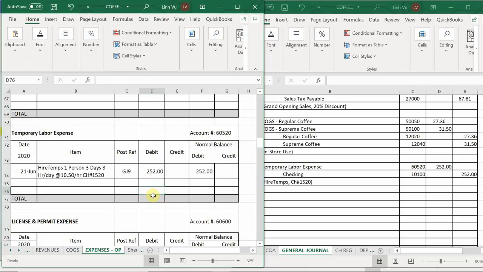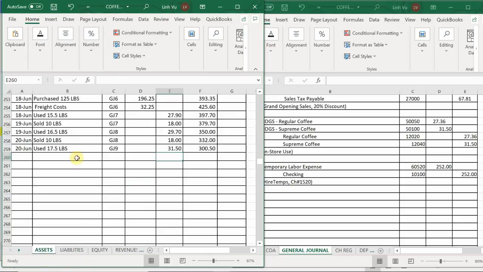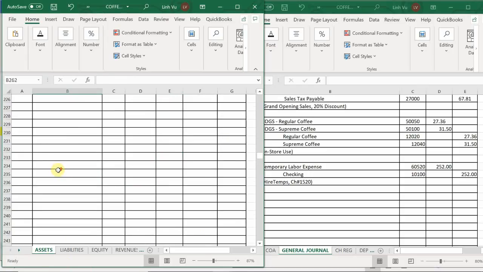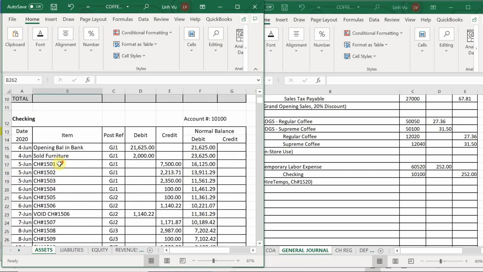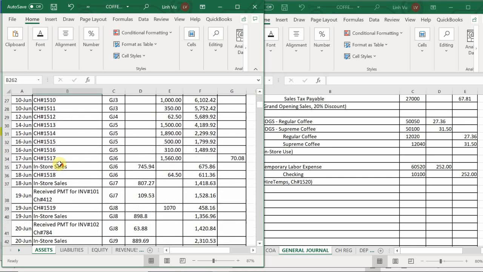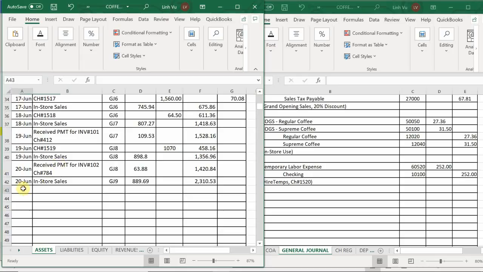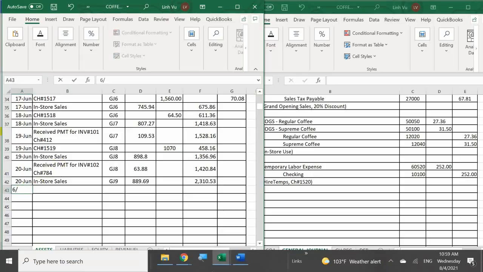And then we'll want to go to our checking. Checking. And we used check 1520.